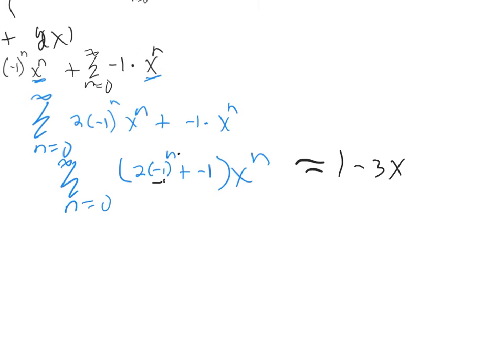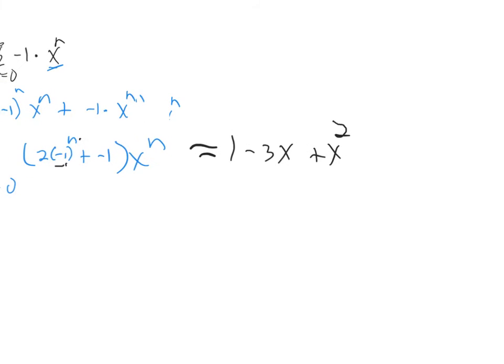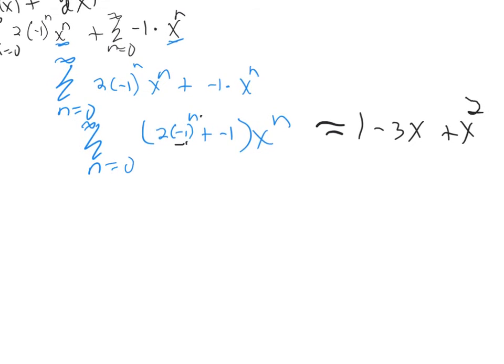If n is 2, negative 1 squared, still 1. 2 plus a negative 1, still a 1. X squared. That's weird. I wasn't expecting that. Let's go n is 3. I know I'm going to have an x cubed in there, so let me see what happens. 3.